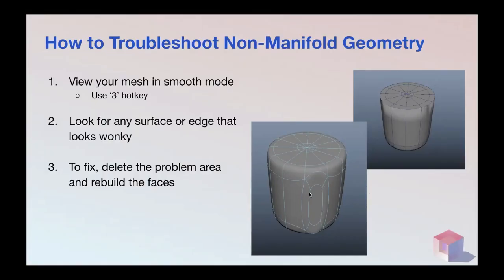As you can see, it looks completely normal in the sharp mode, but in smooth mode there's a very weird curvy shape over here. That is not good. That means you have non-manifold geometry. You can check the surface, check this line, and to fix it, you can simply delete the problem area or any floating vertices that you might have.